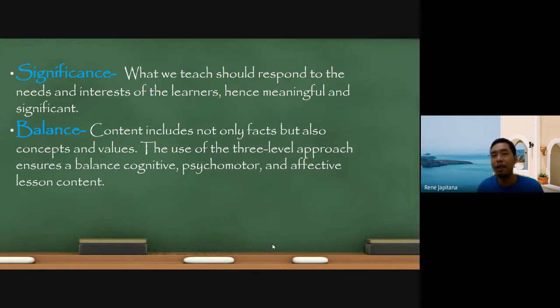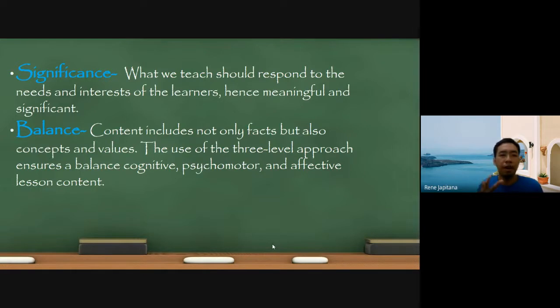The real battle of learning is outside the classroom, outside the physical classroom, outside the online classroom, because the real battle of life is the reality, the application of these life skills, these problem solving skills that we need to develop in our learners. Hence, the needs and interests of our learners are all meaningful and significant.